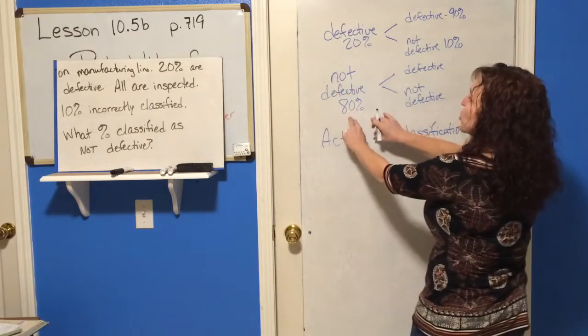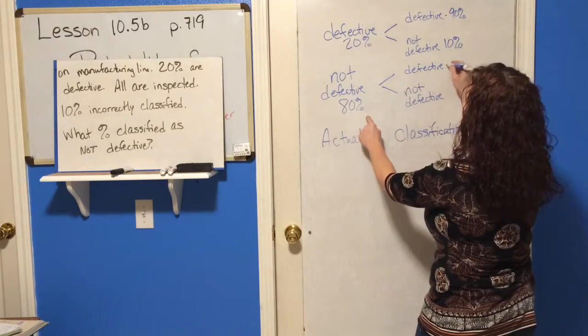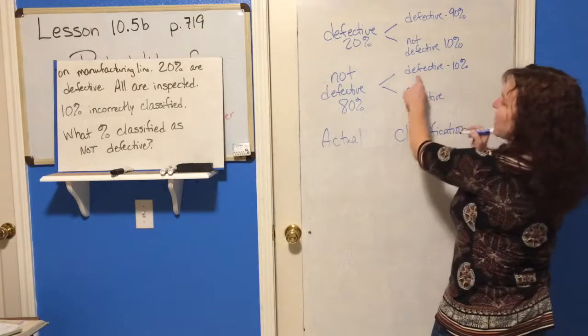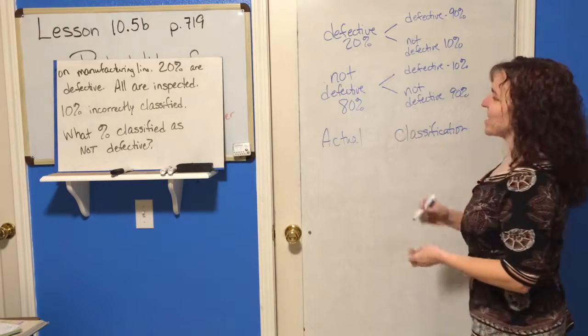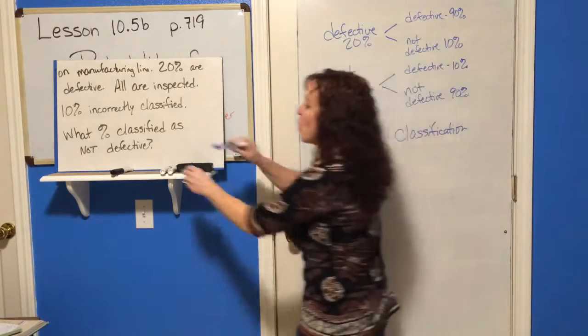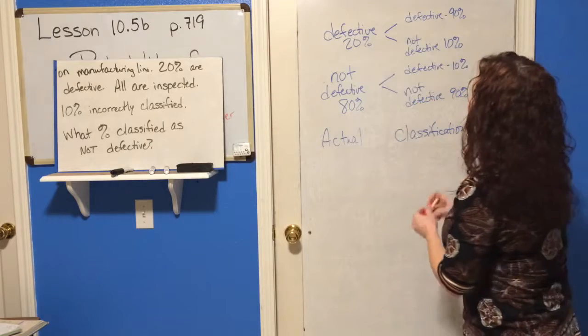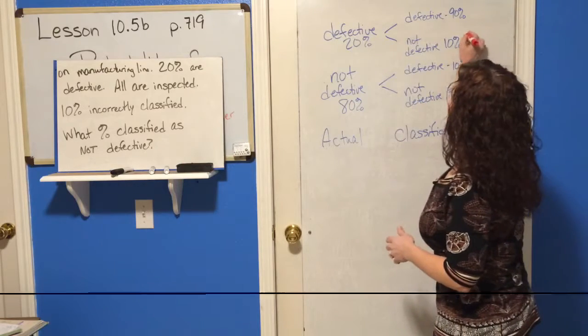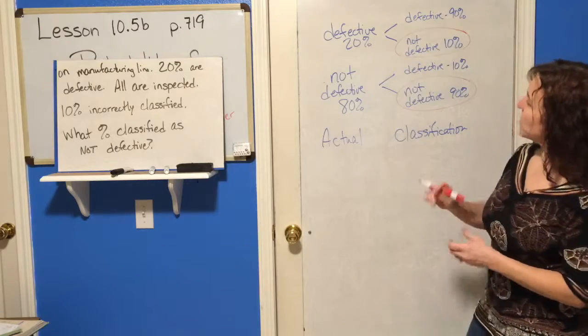These 80% are not defective, 10% are incorrect. So if these are not, then 10% are classified as defective, and 90% are classified as not defective. So what we want to know is what percent are classified as not defective. So we want this part and this part.